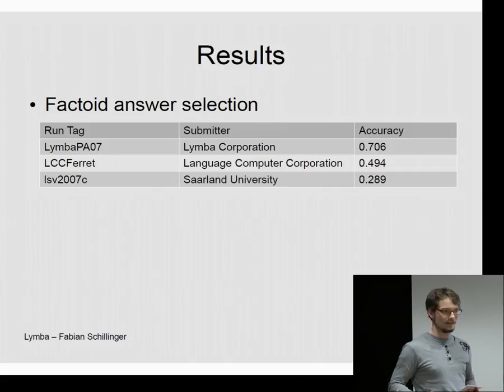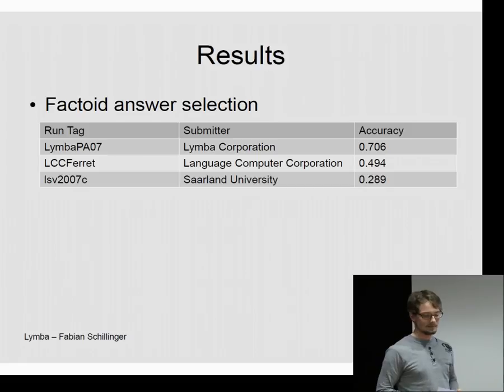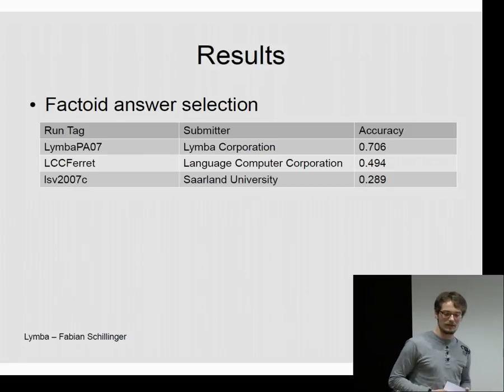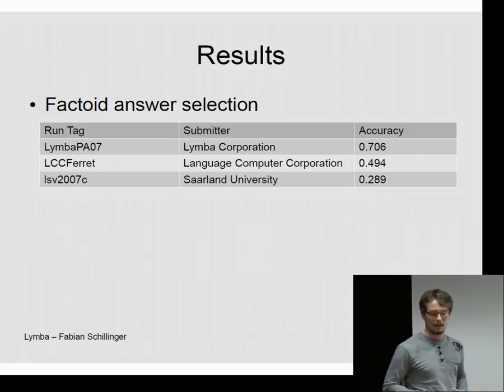So here are some results of this Limba system. In 2007, you see Limba had the highest accuracy in this factoid answer selection with an accuracy of 0.706 compared to 0.494 and 0.289 to the second and third best system.